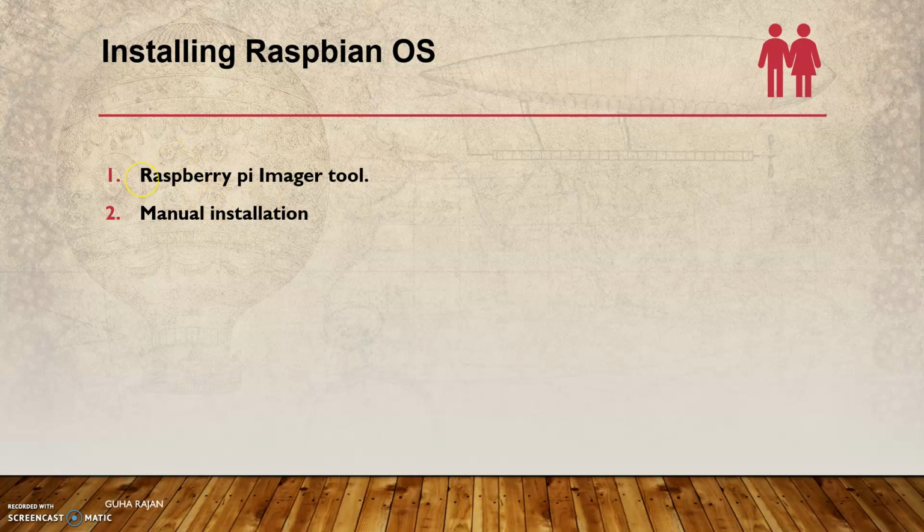The imager tool is a straightforward one. All you need to do is download that imager tool from Raspberry, and the rest of the things it will take care of itself. So we'll see first the Raspberry Pi imager one, how to go about doing that.